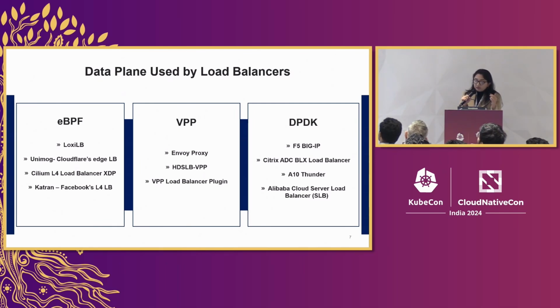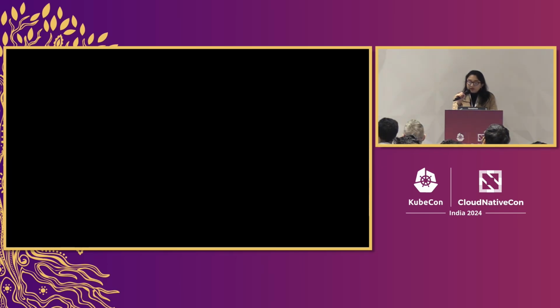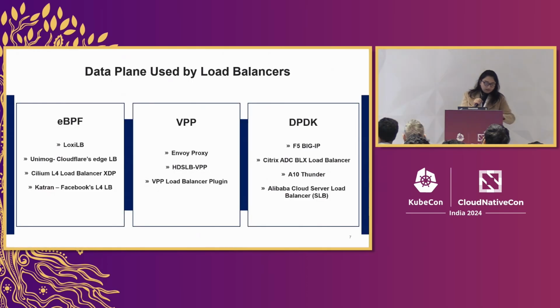Then comes the VPP-based solution. A high-density scalable load balancer and VPP's own load balancing plugin allow us to perform load balancing logic in user space. Now, Envoy proxy, which is being used widely for layer 7 load balancing in many of the open source projects, also supports the VPP networking stack.